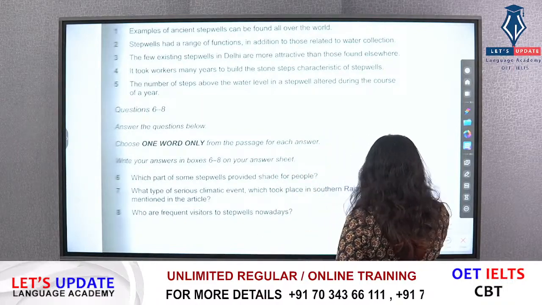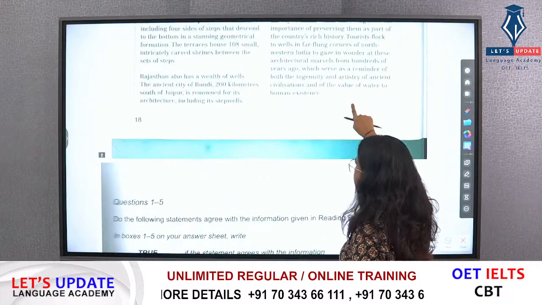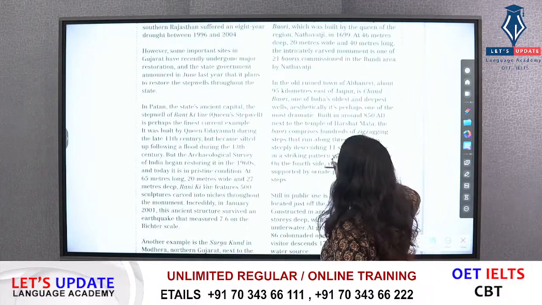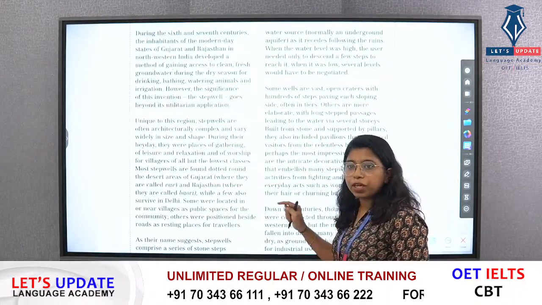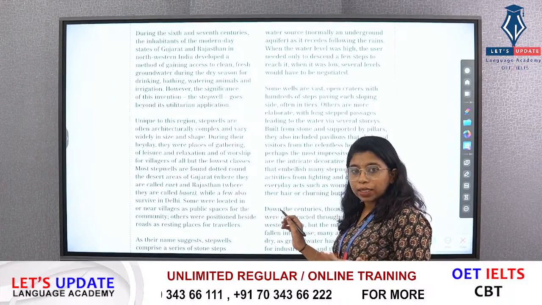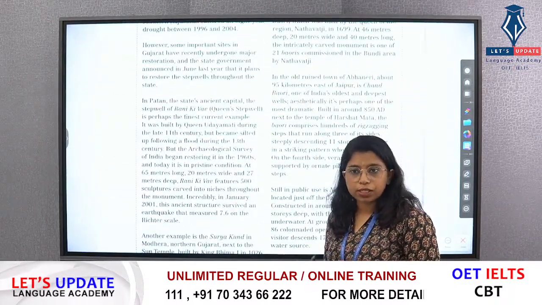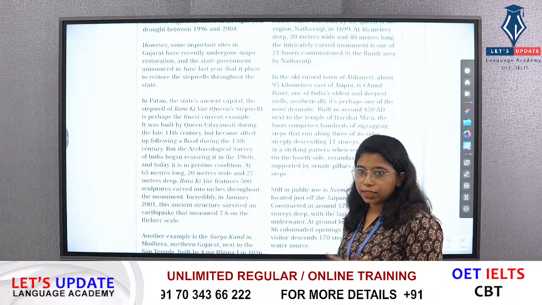Here we have taken the passage from Cambridge 10, as I have already mentioned. This is the passage stepwise, and today we are going to discuss how to strategically attempt True, False, Not Given questions, one of the difficult tasks in the IELTS reading test.